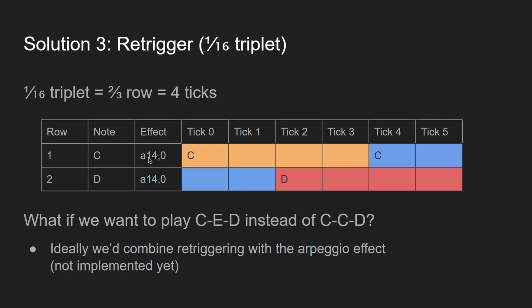And I said last time I don't expect people to memorize the technical format of how the effect codes are written. We will have a graphical interface at some point.